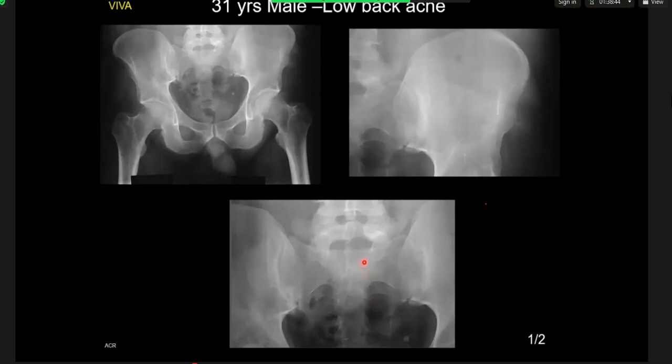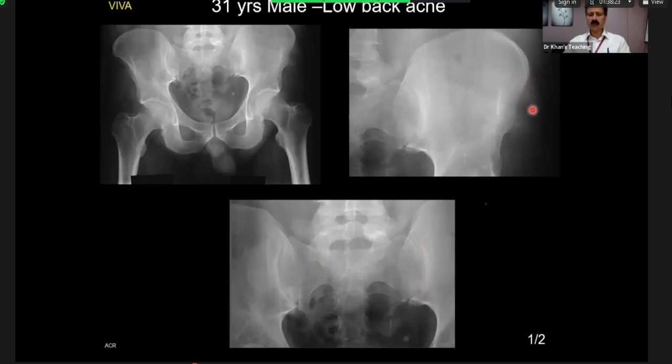So as there is asymmetrical involvement, psoriasis will be the first diagnosis, or it could be reactive arthritis. Okay, we stop there. Well done. So here we can see that there is bilateral asymmetrical sacroiliitis, and with that, this is enthesopathy.